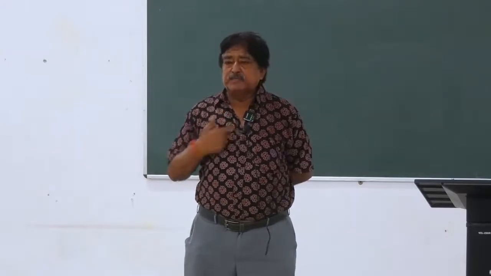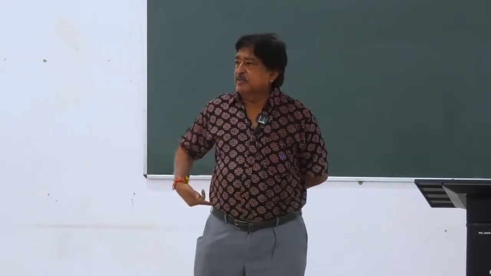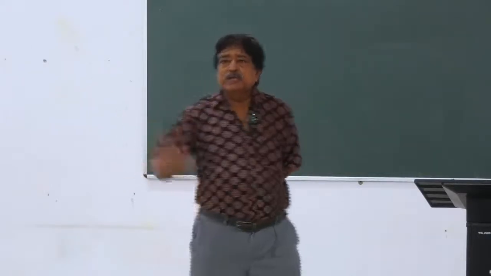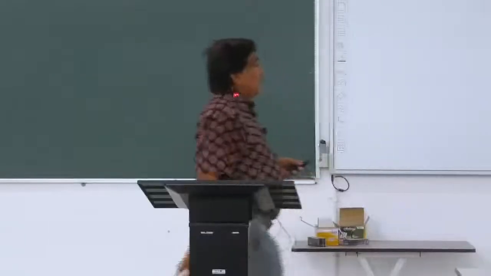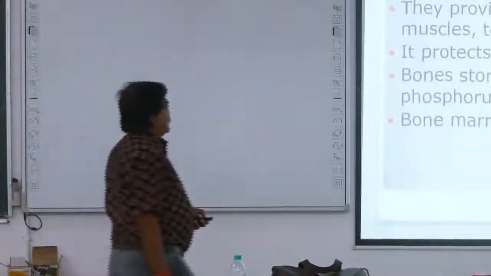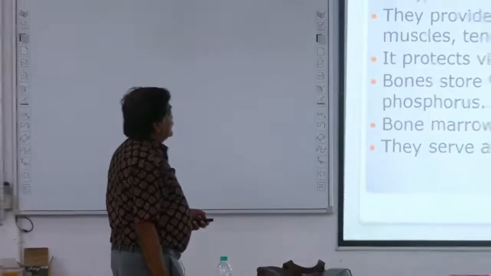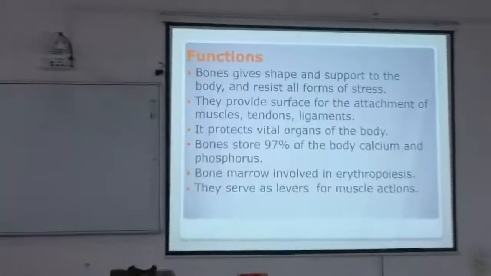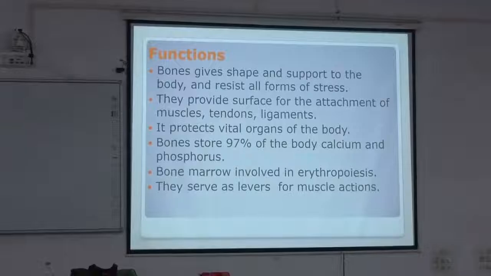You take a sternal puncture, or from the iliac crest you take a puncture, put a smear and stain, and accordingly you see that the bone marrow is involved in erythropoiesis. They serve as levers for muscle action. I told you the muscle action is by levers, the bones are there.